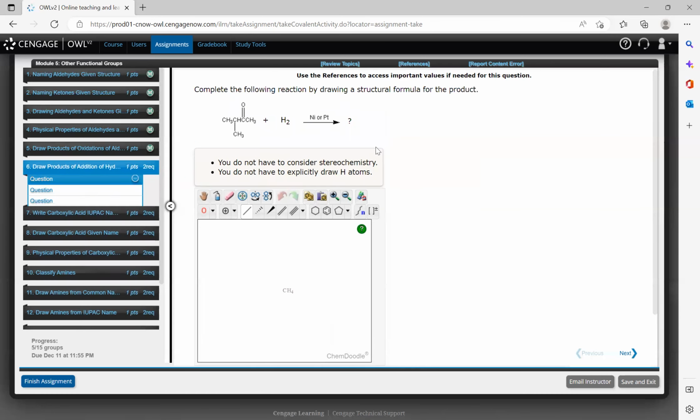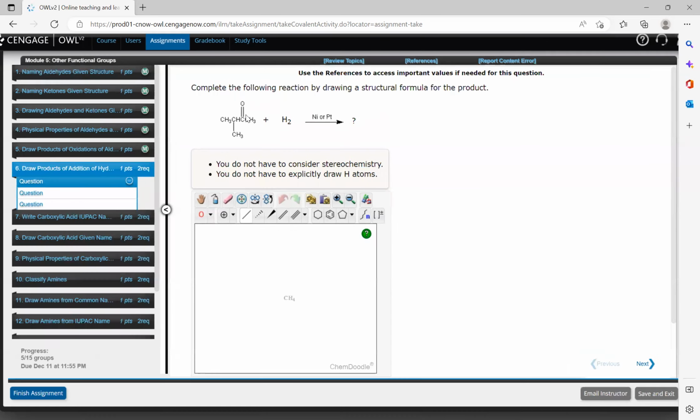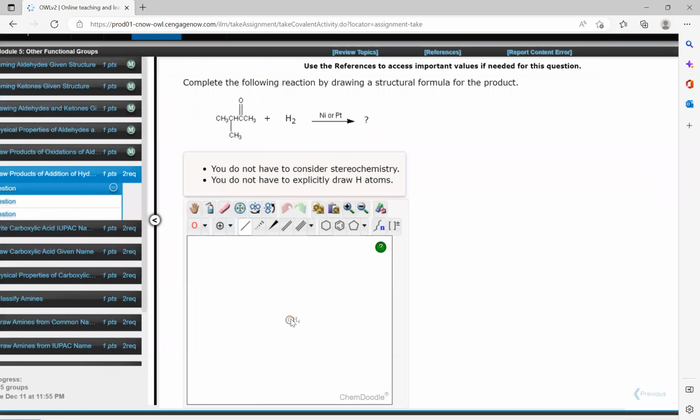And then same thing here, we're going to complete the following reaction. And what's going to happen here is we're going to be adding on hydrogens. When we add on hydrogens, we're going to lose bonds to oxygen. So here we have a ketone that we're starting off with. So it looks something like this normally.